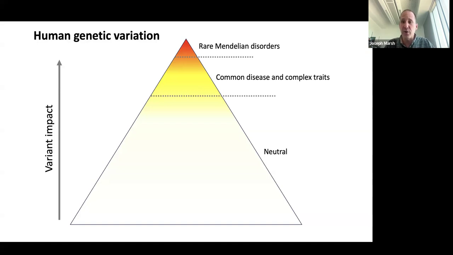These are monogenic disorders where a single variant or a mutation in a gene can cause disease by itself. And then between, you have genetic variants associated with common disease and complex traits. And these tend to be lower impact variants that often have sort of polygenic effects, different variants adding together to cause human traits.